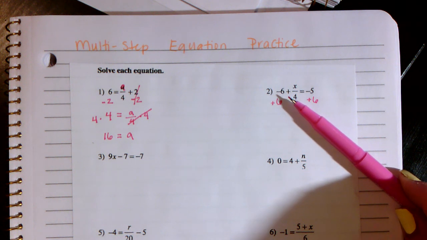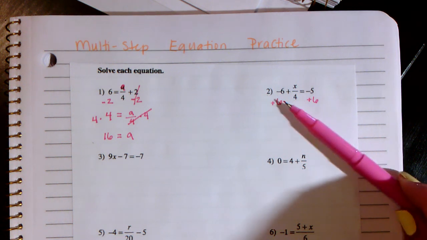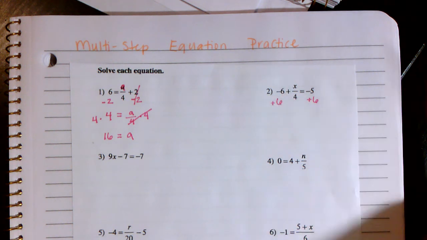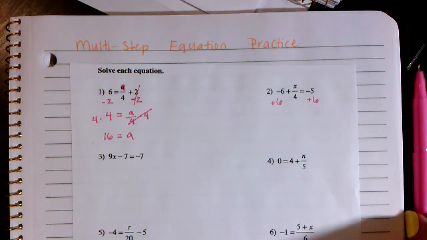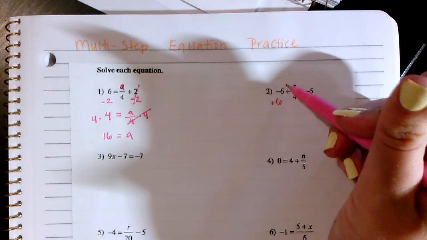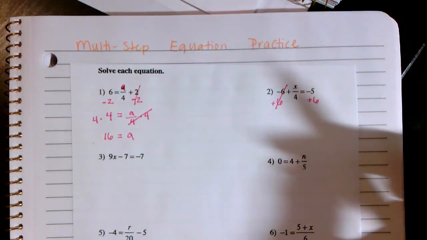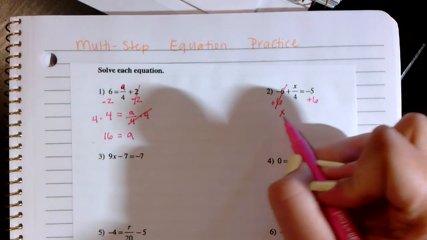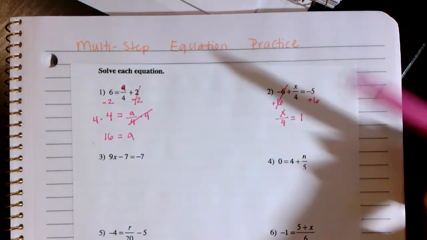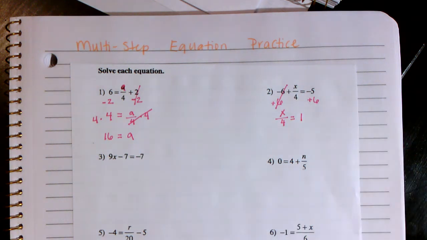A positive number is by itself. A negative number will have a symbol in front of it, and you've got to do the opposite of that number to undo that number. So I'm trying to get rid of that negative 6. So I would add 6, and that cancels out to 0. So now I have x divided by 4 equals 1, right? Negative 5 plus 6 is 1.